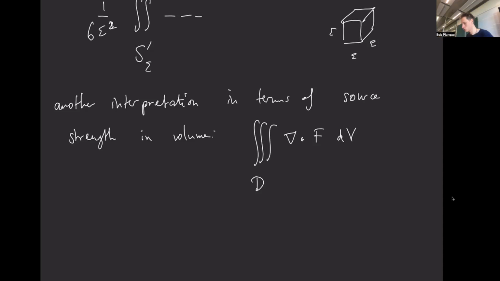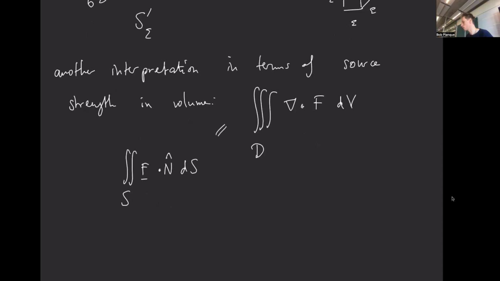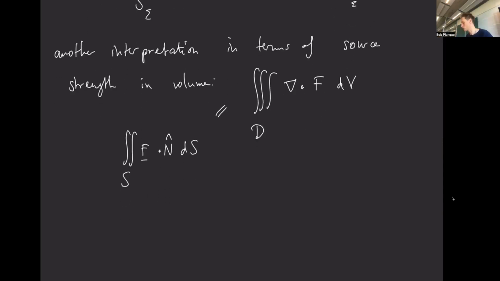And if you put the two and two together, if these two things must be the same, then you get an identity like this, where you can convert a volume integral to a boundary integral. And this actually has a name, and we're going to come back to it in a couple of paragraphs. This is what's called the divergence theorem.